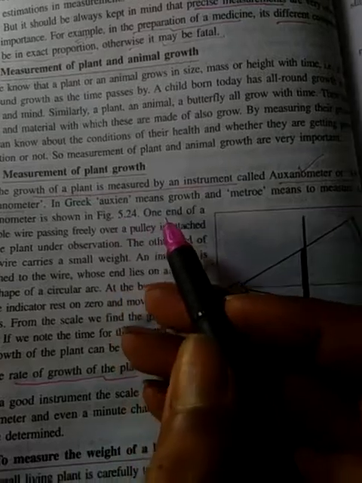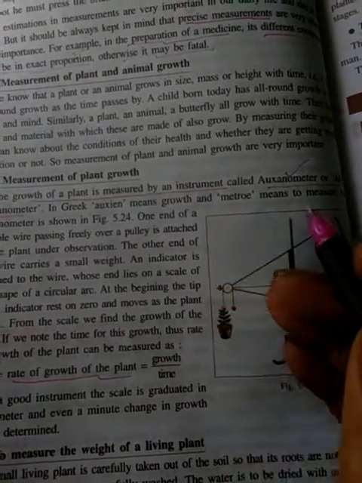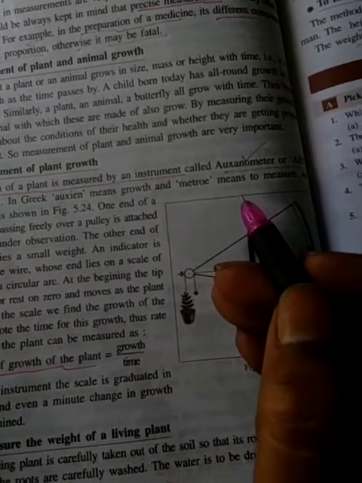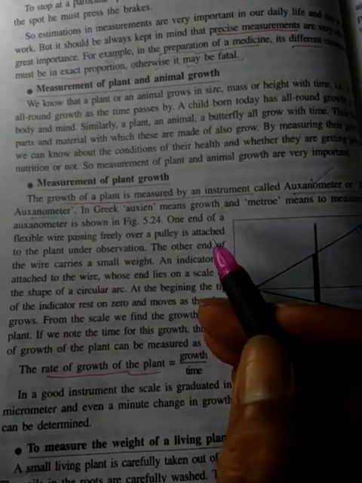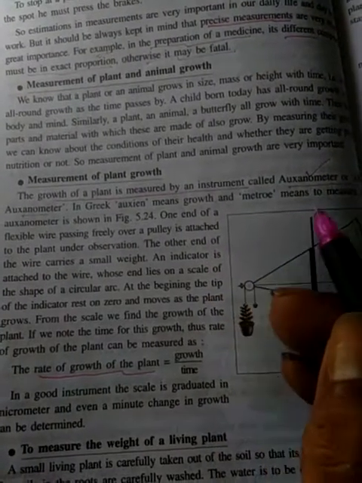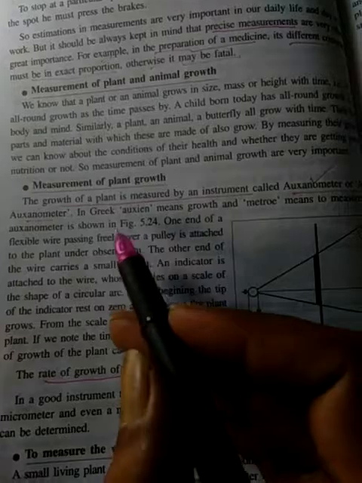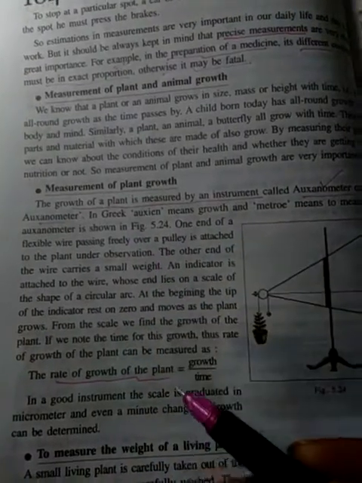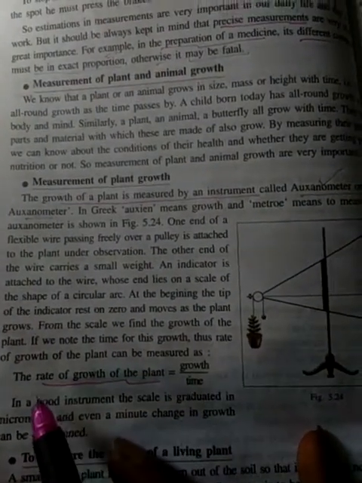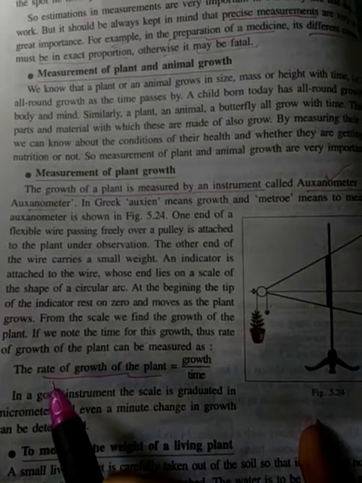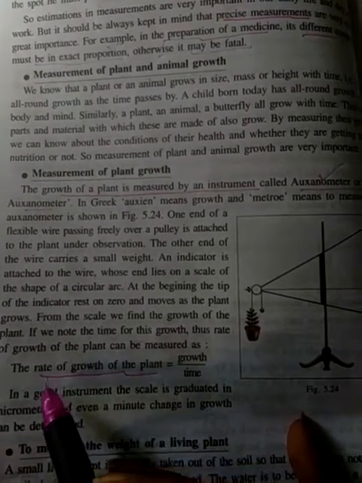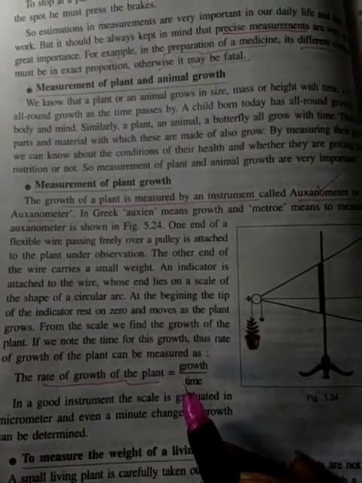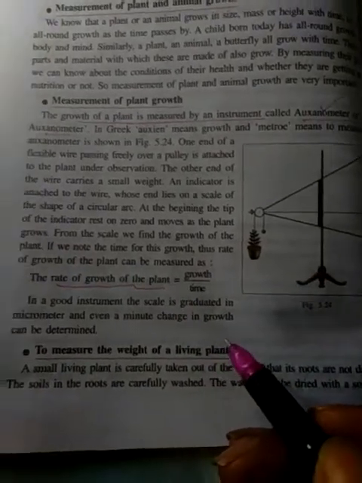The growth of a plant is measured by this instrument. So by taking the help of the auxanometer, we can easily measure the growth of any plant. Here is the formula. What is the rate of growth of a plant? Rate means per time, so growth by time. Clear?